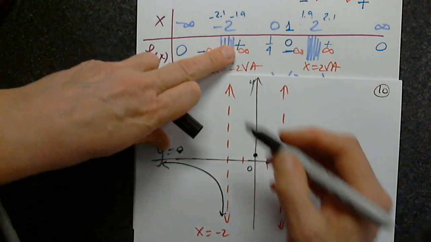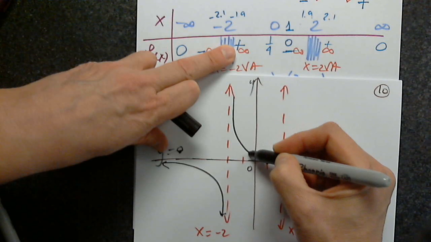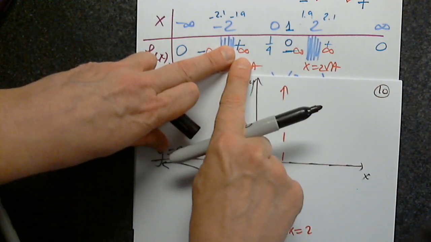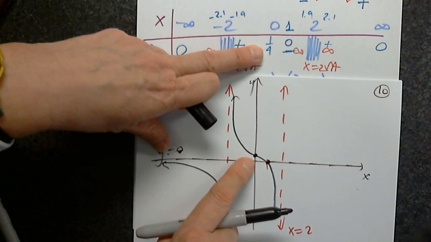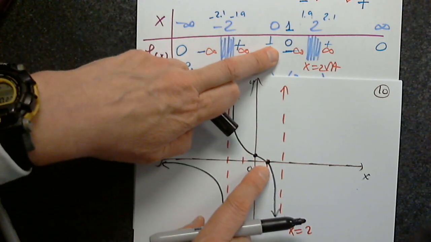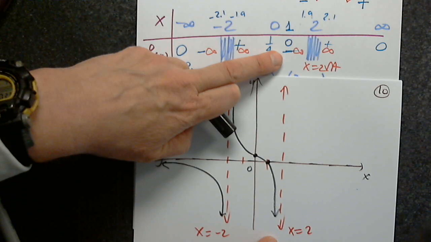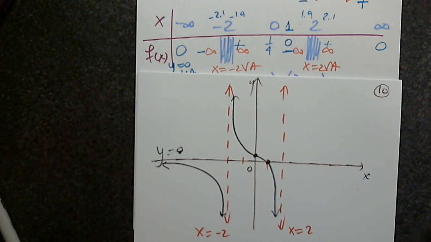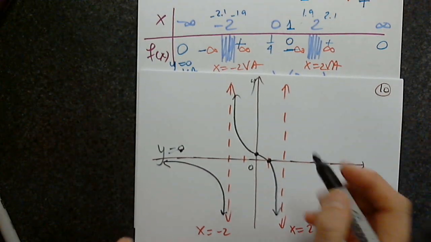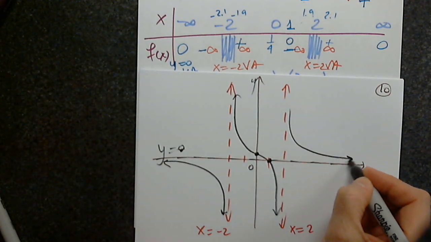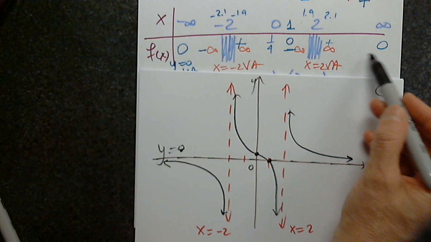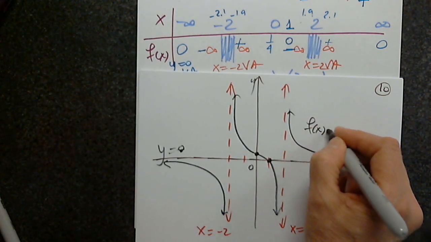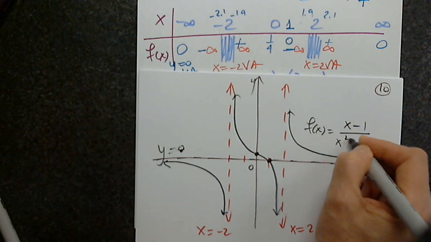From positive infinity, crossing at 0, 1/4, crossing at 1, 0, and going towards -infinity. That's what we have between the two vertical asymptotes. And on the right-hand side, from positive infinity down to 0. So this is f of x, which is x minus 1 over x squared minus 4.